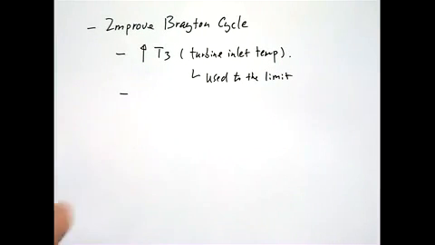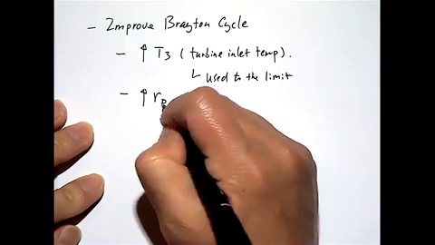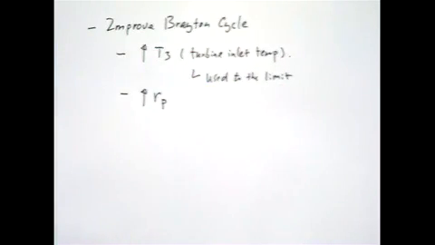Another one, based on the equation we derived for the cycle efficiency of the Brayton cycle: if we increase the pressure ratio at the compressor, we can directly tell from the equation that higher efficiency can be obtained.